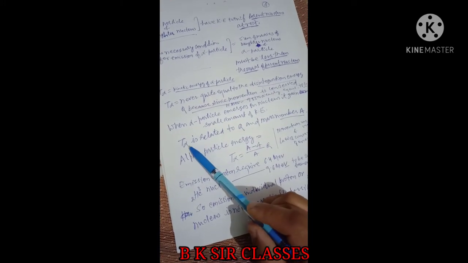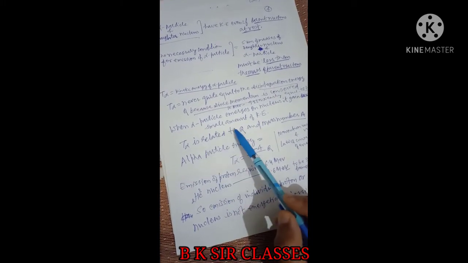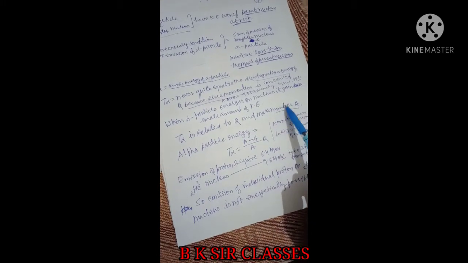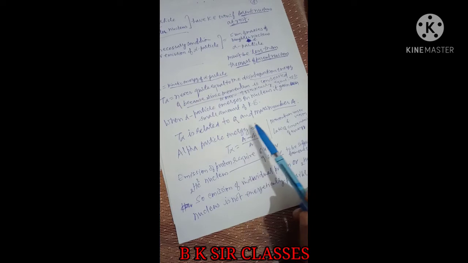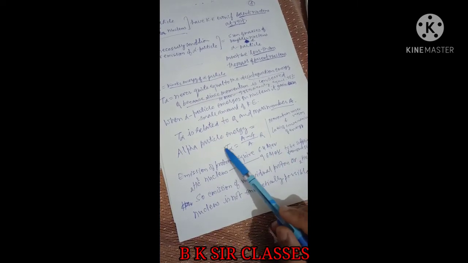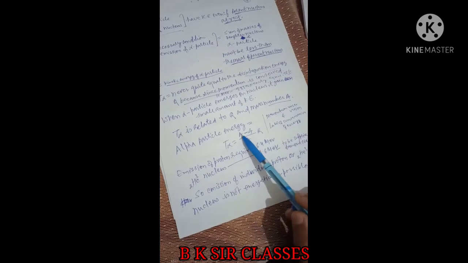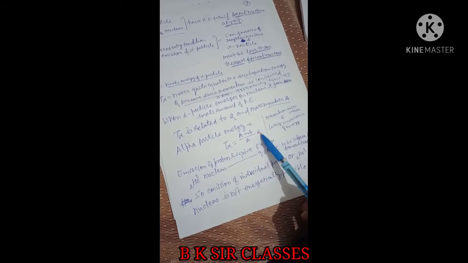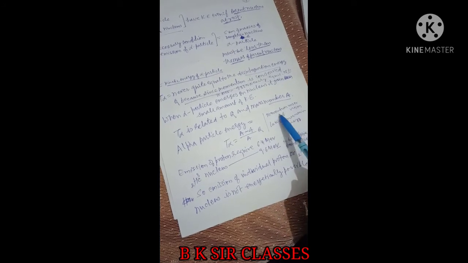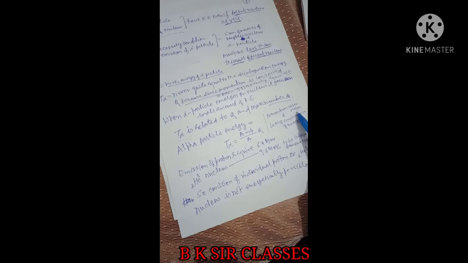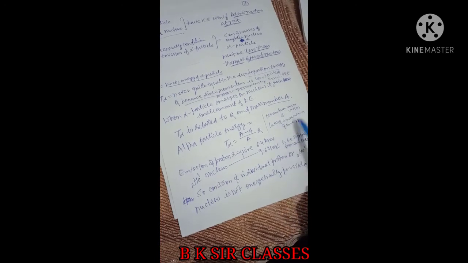Here T alpha is related to Q and the mass number A. The energy of the alpha particle can be written as T alpha equals (A minus 4) divided by A, multiplied by Q. This follows from the law of conservation of momentum and conservation of energy.